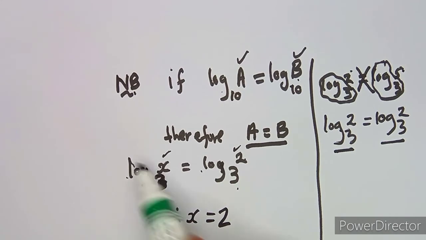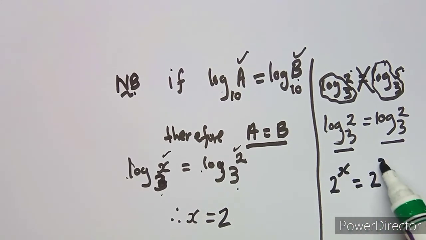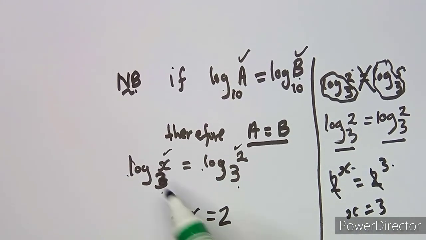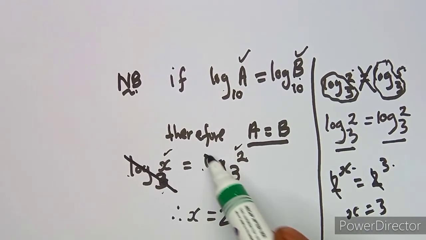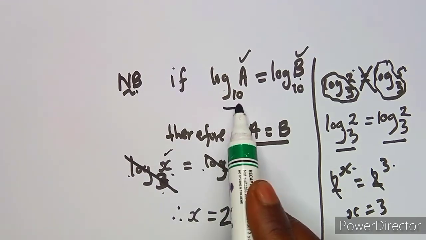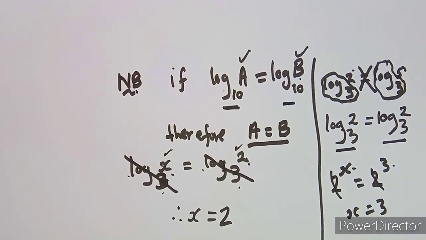By default, just like what you had, 2 to the exponent of x is equal to 2 to the exponent of 3, when these are the same, x is equal to 3. So it's the same thing also on logarithms. By default, when these are the same, it means x is equal to 2. That is the idea there. So it only happens when you are given a single logarithm and another single logarithm.